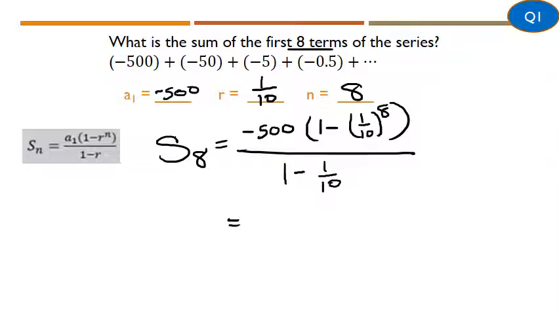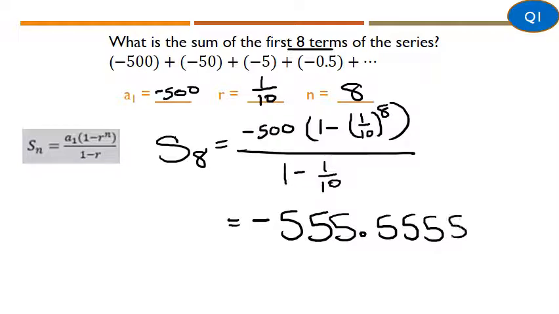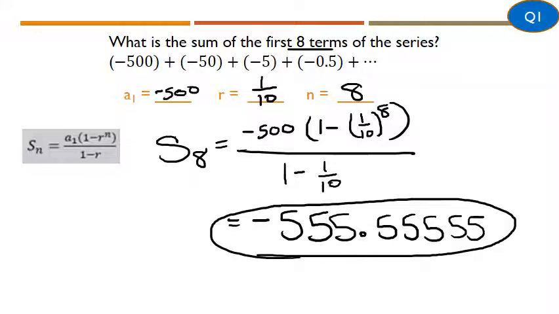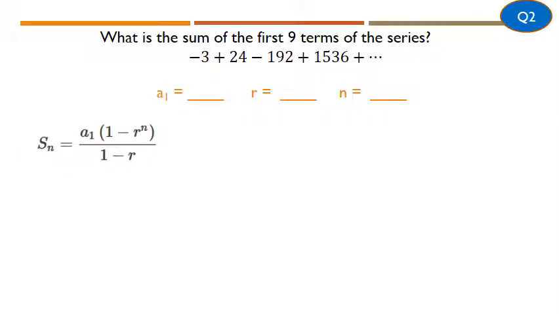Make sure you get negative 555.55555. Make sure you get this number when you type in your formula. All right, so this one goes with question 2.